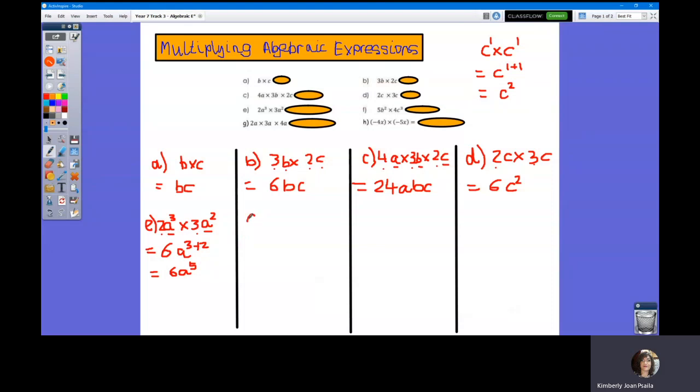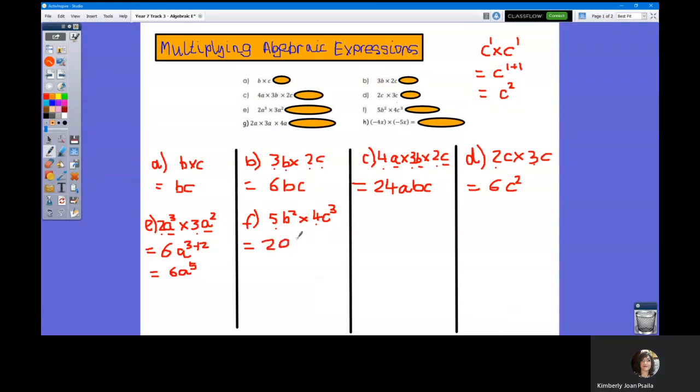Letter F. So 5b squared times 4c cubed. First we multiply the coefficients. 5 times 4 gives us 20.